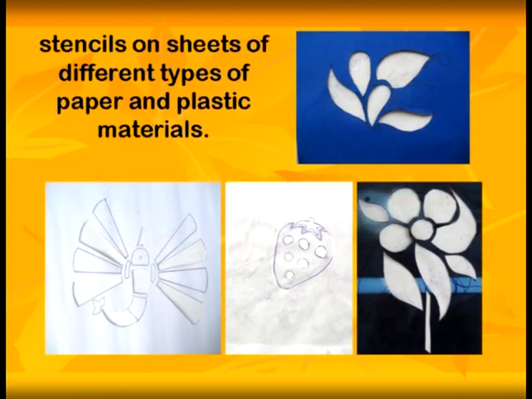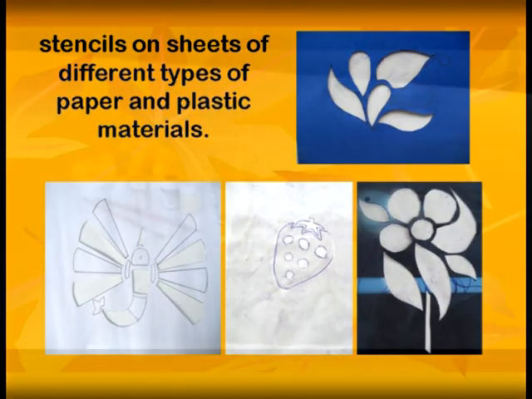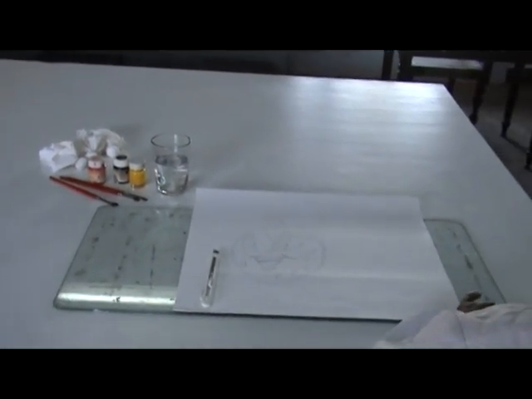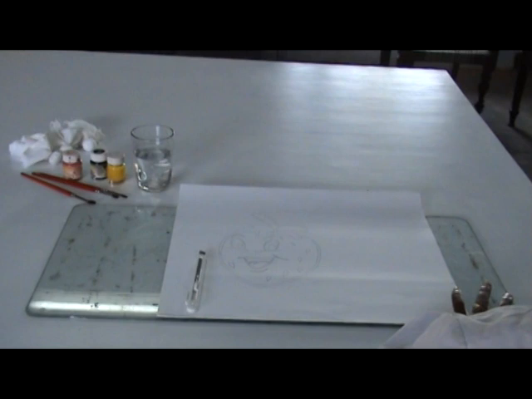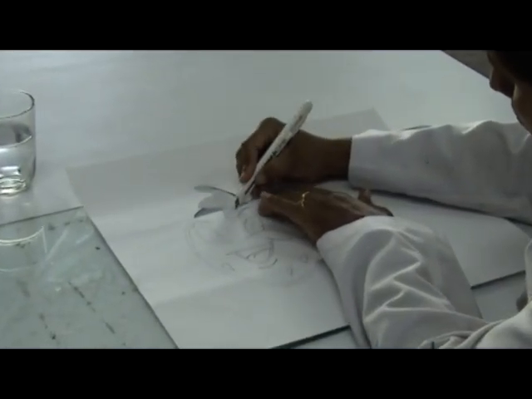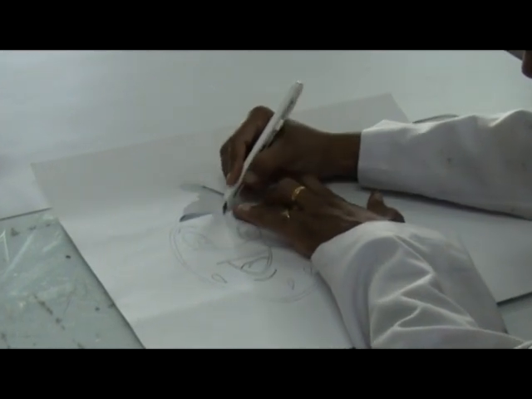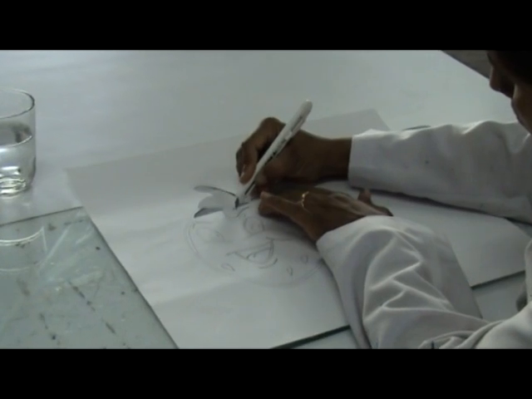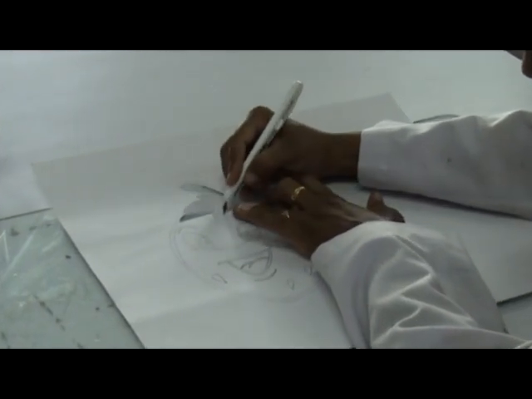The technique of cutting stencils and the different types of materials used for making good stencils were discussed in the previous lesson. In the present lesson, we will consider the methods and techniques of applying color on the stencils to produce satisfactory prints on a fabric or any other object to be ornamented.